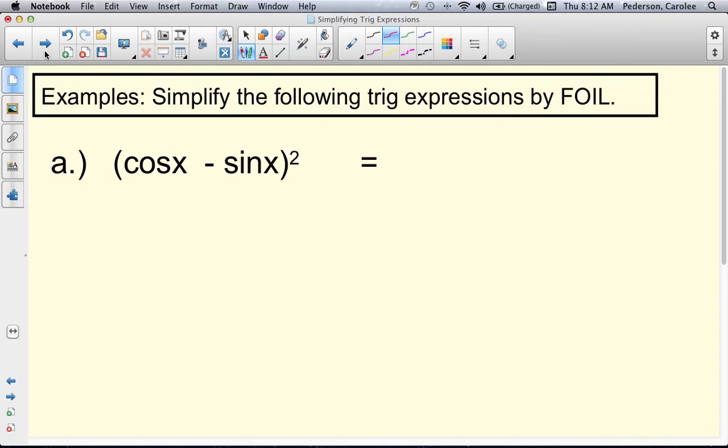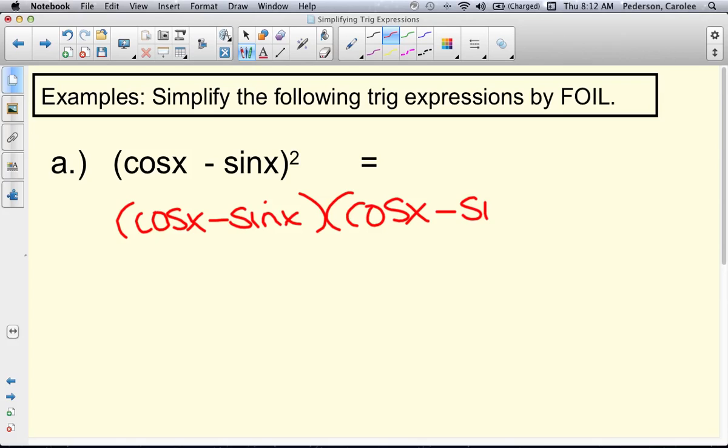The last example in this lesson is simplifying the following trig expressions by foiling. Be careful that you do not make the common mistake of distributing in that 2. That's a mistake. We're going to take the cosine of x minus the sine of x times the cosine of x minus the sine of x, and we're going to FOIL: first, outside, inside, last.